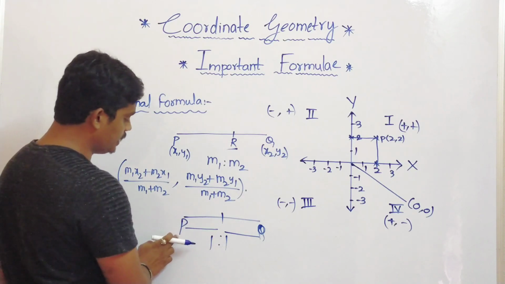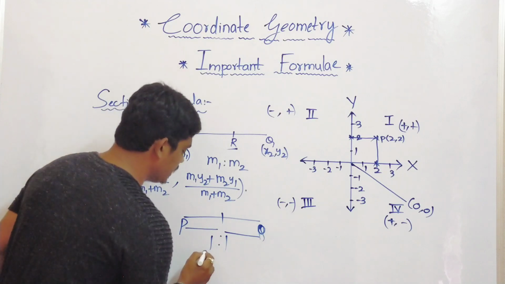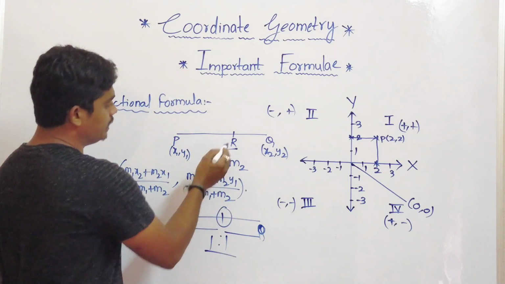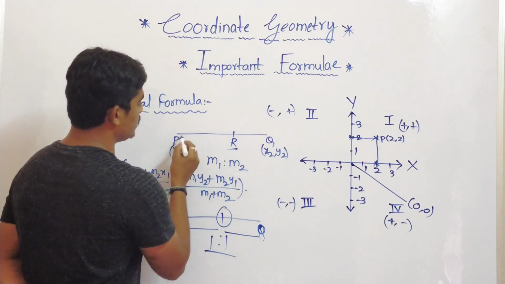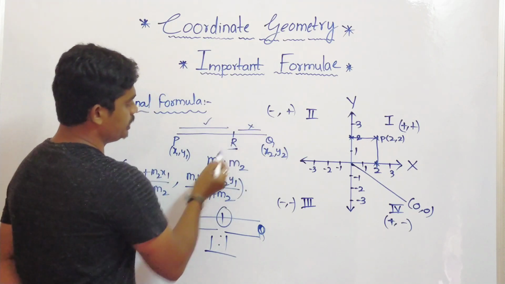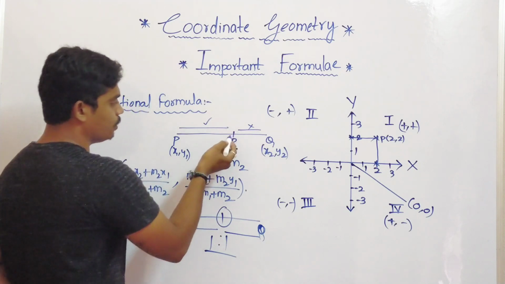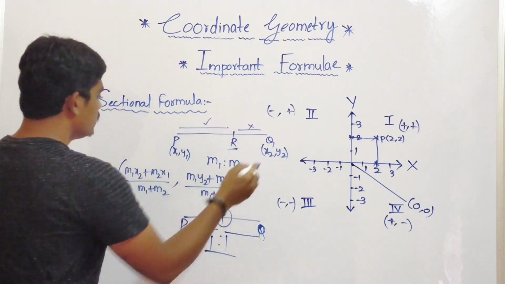So if any point divides a line joining 2 points in the equal ratio, then we can take it as the midpoint. But here R is not dividing them equally. See, this is bigger and this is smaller. So it is not dividing them in the equal ratio, which means this is not a midpoint. So to find this point we have this formula.